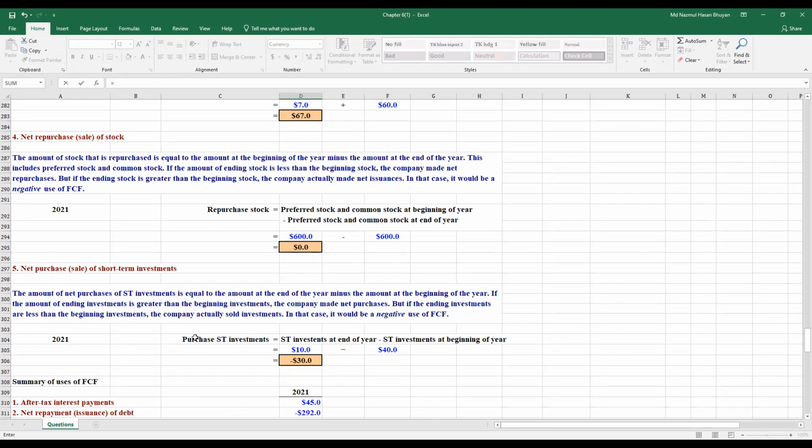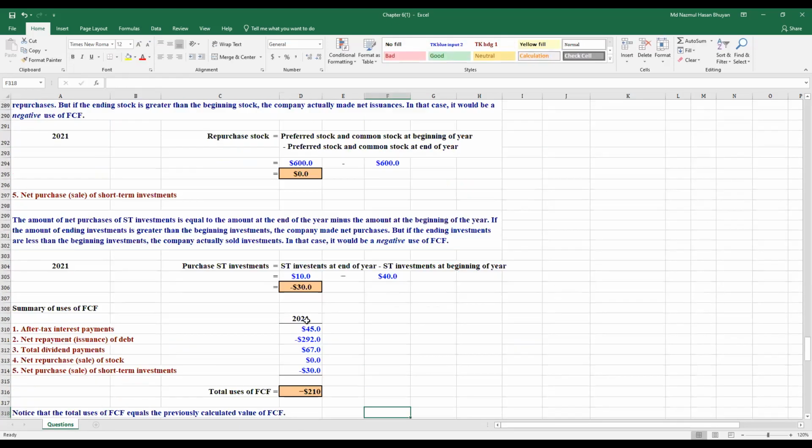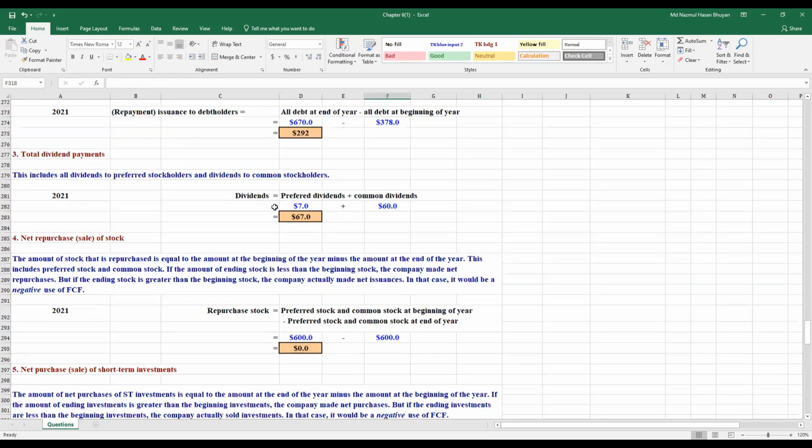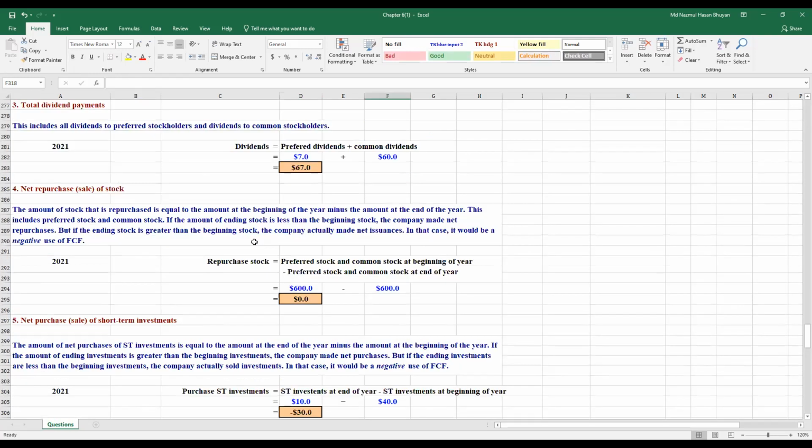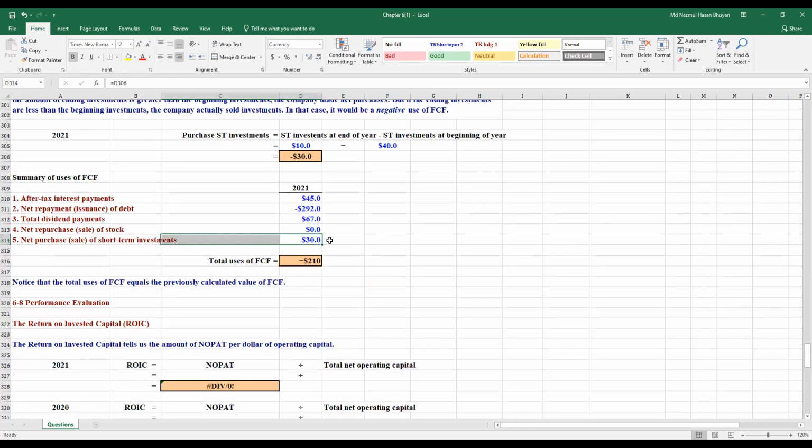So we are not gonna put any negative sign. We are gonna just directly copy it, because purchase is cash outflows. But here your purchase account is negative. That means you actually sold. So automatically you can see here you get negative sign here. So whenever you have negative sign, it is your cash inflows.